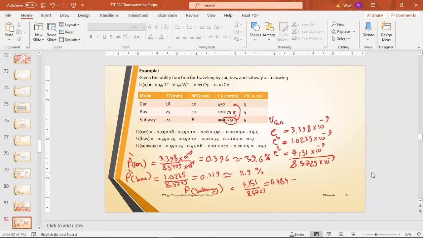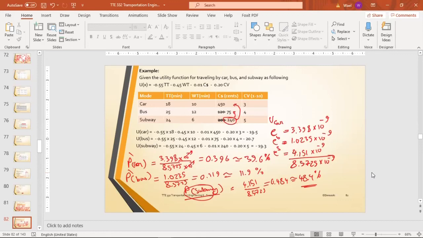That means it's almost 48.4%. As we can see, there is a drop. It's expected that we'll have a drop, but the car mode attracted a significant portion of those that left the subway.